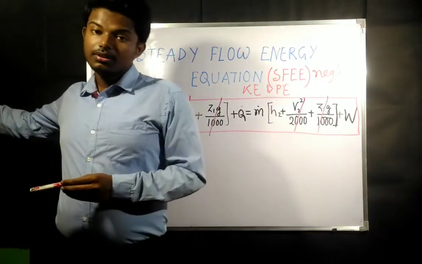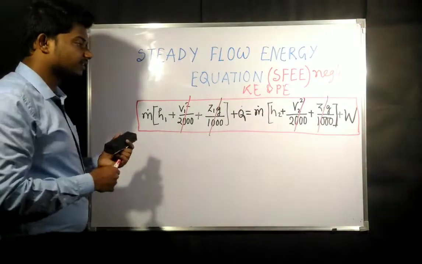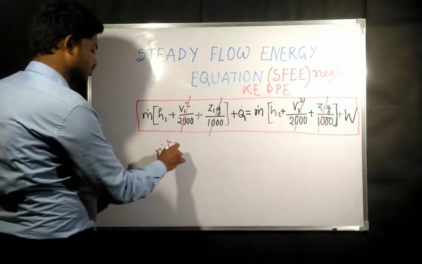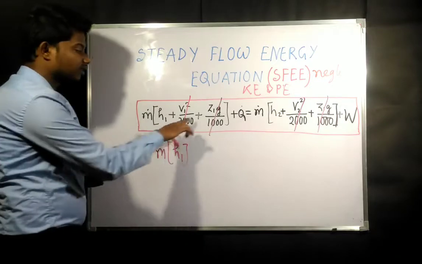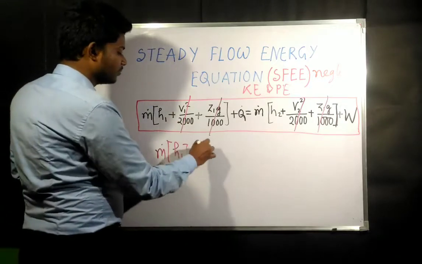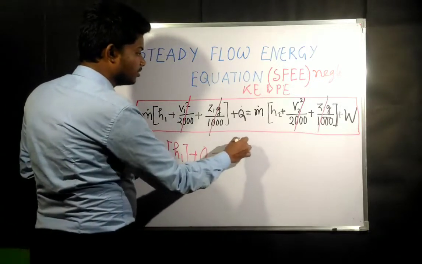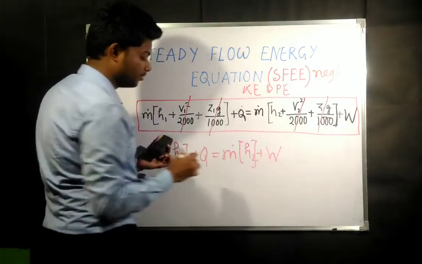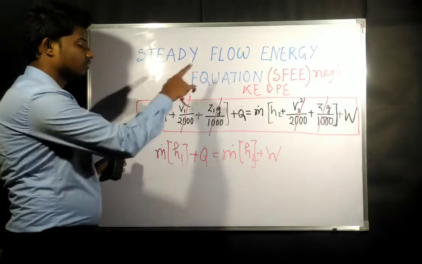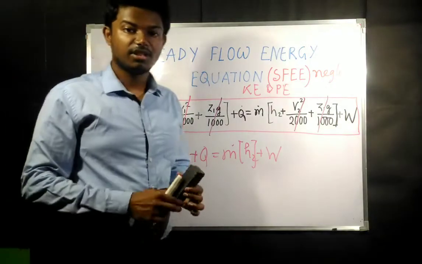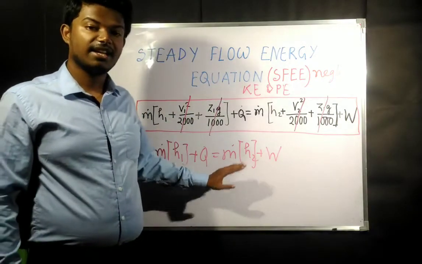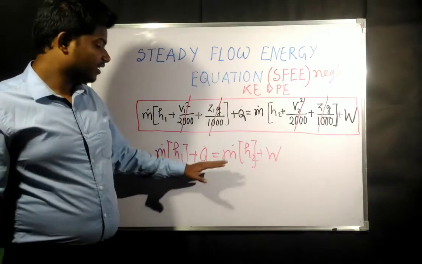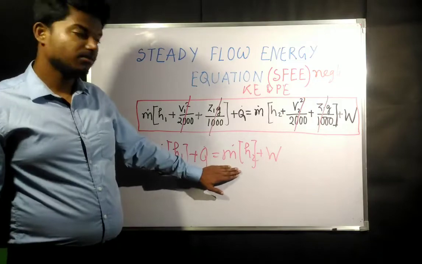The final equation will come out as m dot into h1 plus q equals m dot into h2 plus w. This is the steady flow energy equation when kinetic energy and potential energy are neglected, and this is the equation we need to remember.